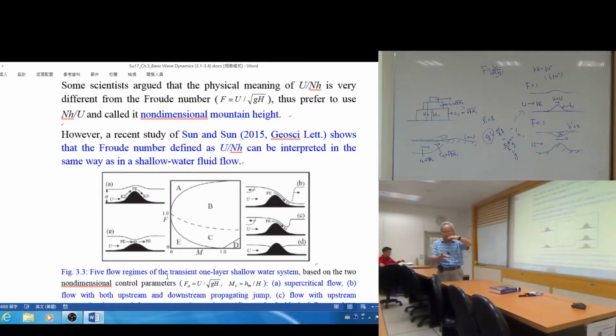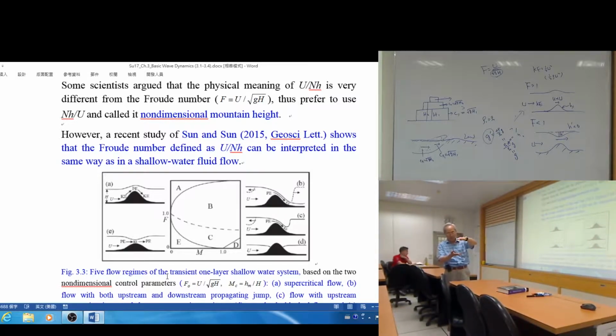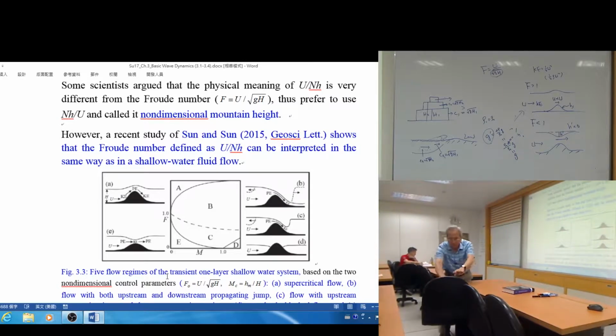So you increase the height of the water upstream, say this mountain, and that will increase the potential energy.